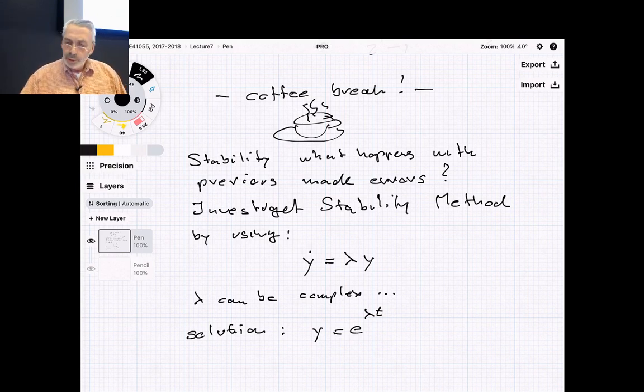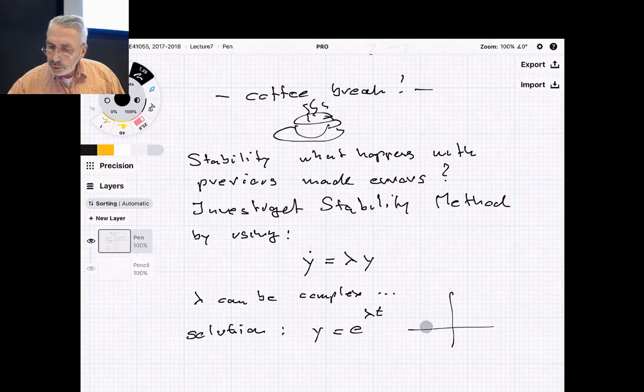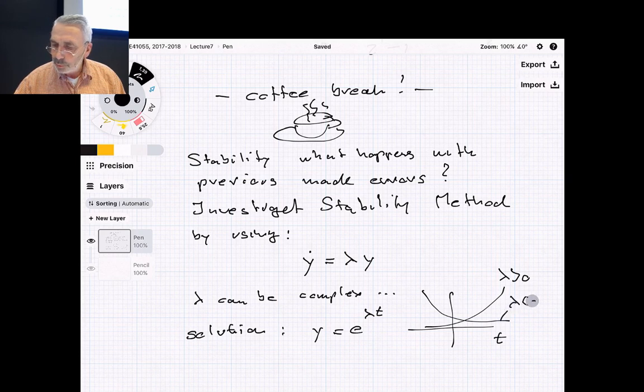Now you would say, oh, then you can only get solutions growing for lambda being positive, or decaying for lambda being negative, where this axis is time. Well, not necessarily, because lambda can be complex.